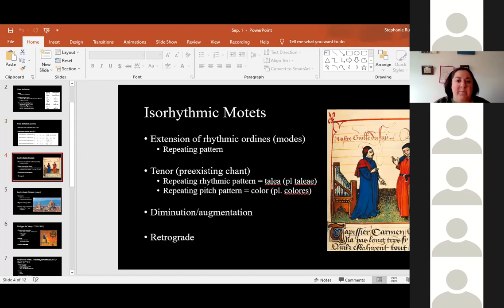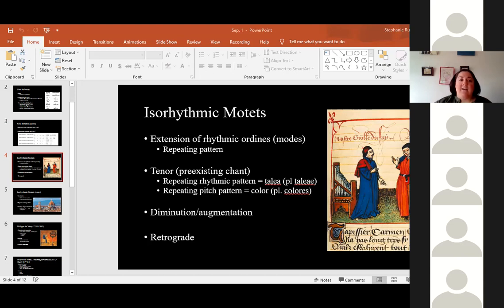Now that we've got such a command on rhythm, we can look at this phenomenon that emerges in the 14th century called isorhythmic motets. Isorhythmic motets are the logical extension of the rhythmic ordines, or orders, modes. This is the natural outgrowth of those 6 rhythmic modes that defined Notre Dame polyphony. Why are they the natural outgrowth?